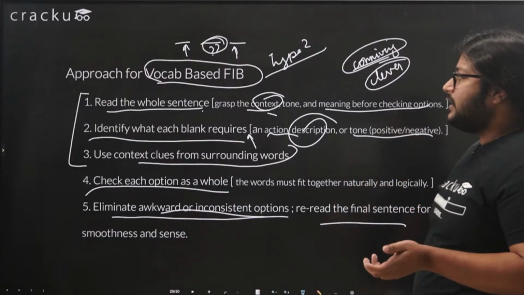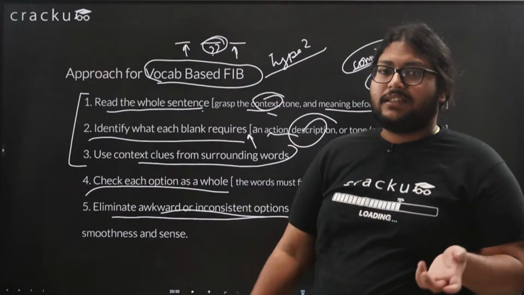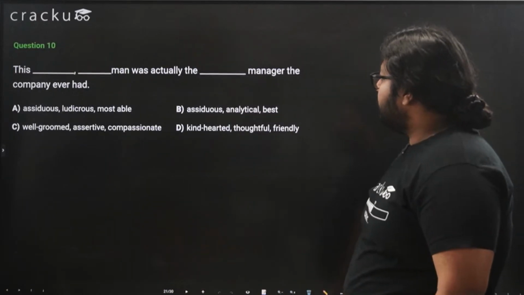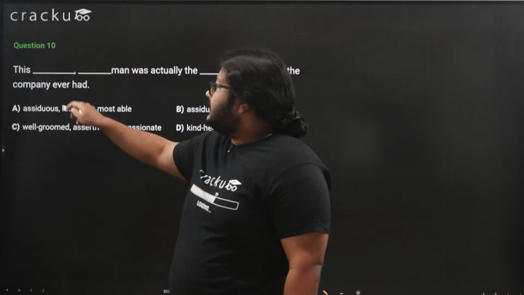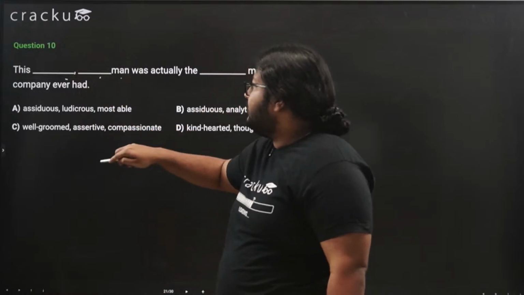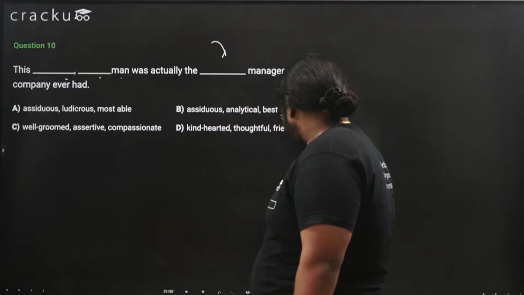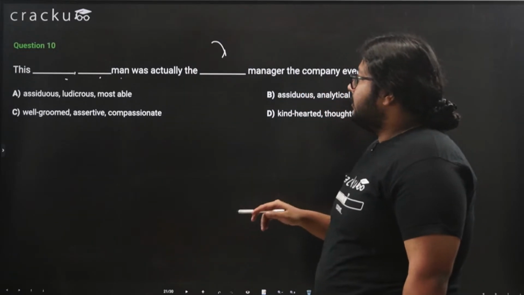Okay, so let's move on to the questions. You'll get an idea of what kind of questions we can expect in these topics. So if we look at this sentence, this dash dash man was actually the dash manager the company ever had.